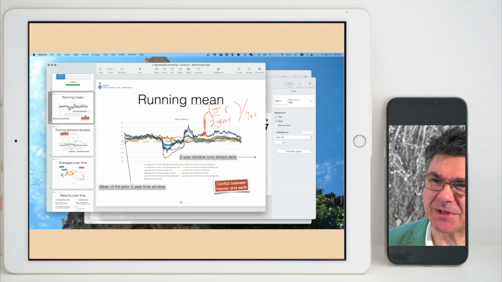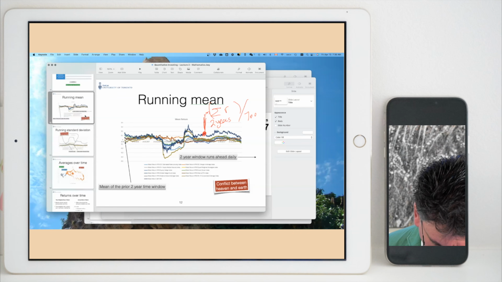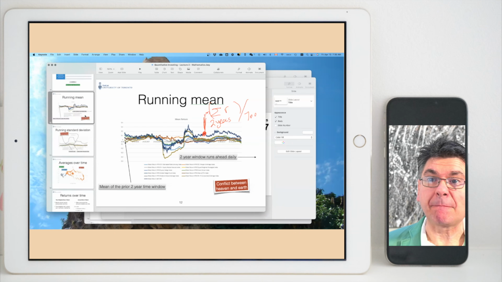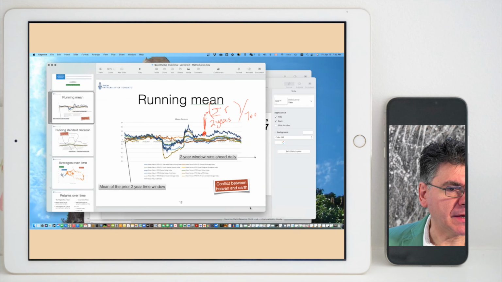It's the same idea, but it's a bit more involved when you do the calculations. I don't know how good you are in Excel. I suspect you're good. When you do this in Excel, it's actually very easy to do.